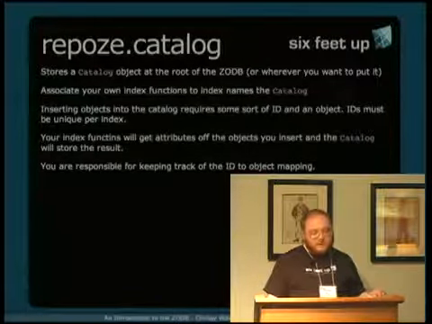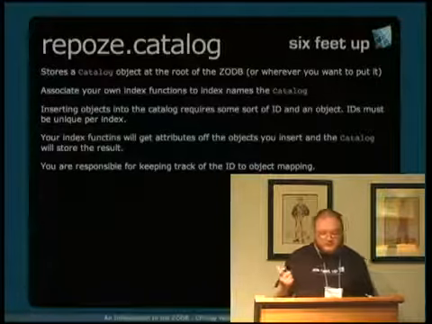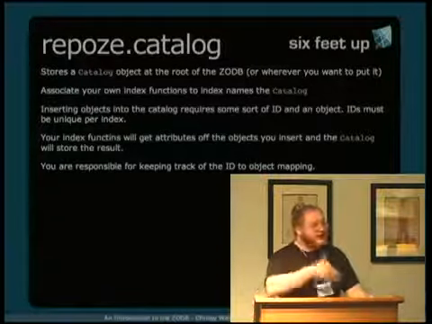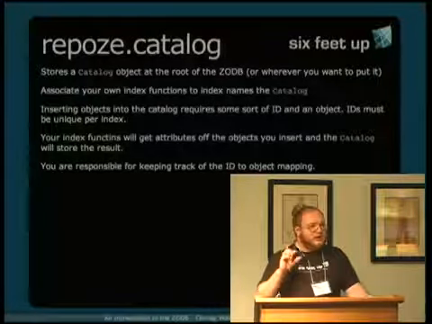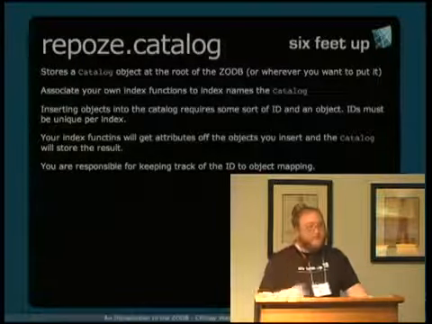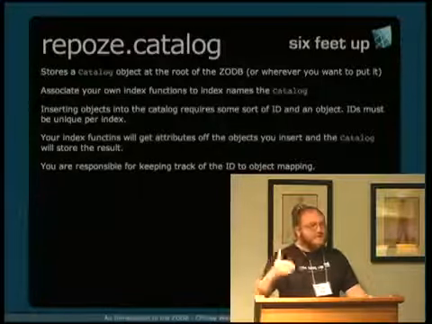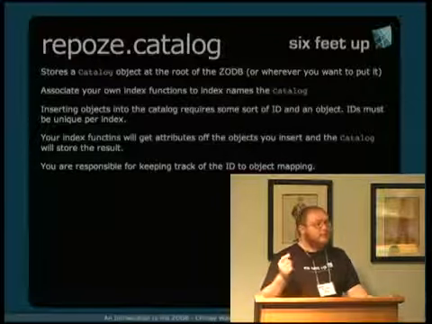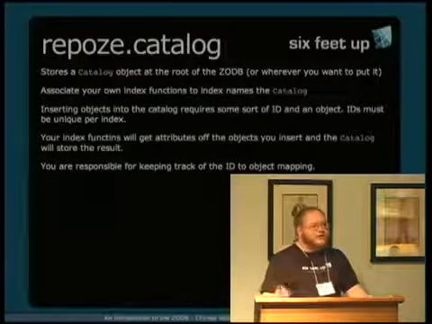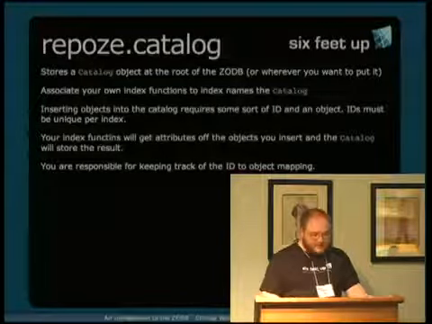So if you want to have an index on, say, the birthday attribute that we had earlier, we would have to define a birthday index called birthday that pointed to a function that retrieved the birthday attribute off of any object that gets indexed.